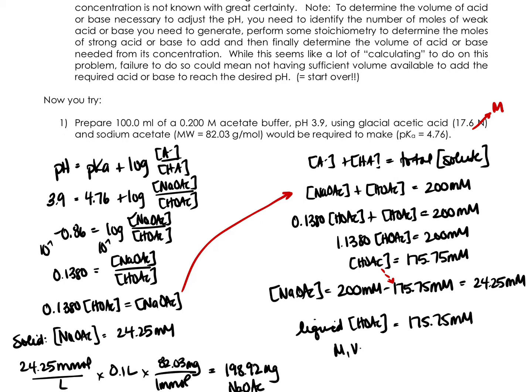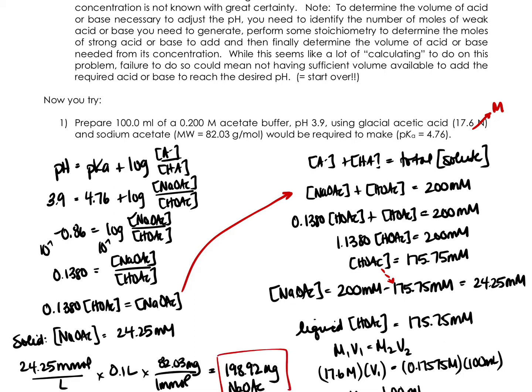I can simply use an M1V1 equation. 17.6 molar times, we need to figure out the amount that we're going to take, and I'm going to put this into molar because that was what my stock concentration was. I'll keep this guy as milliliters so that my volume will end up being milliliters, and I end up with 1.00 milliliters.